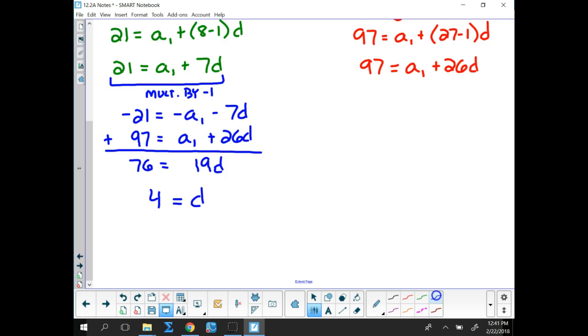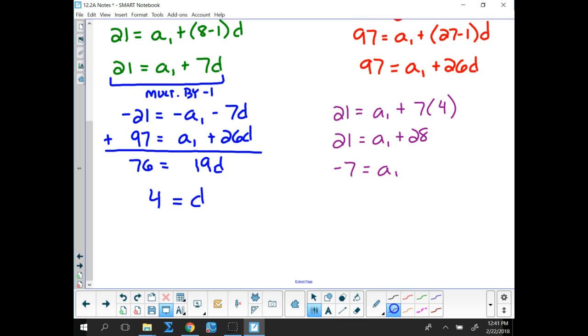If d is equal to 4, then 21 is equal to a sub 1 plus 7 times 4. 21 equals a sub 1 plus 28. Negative 7 is equal to my first term. Agree?